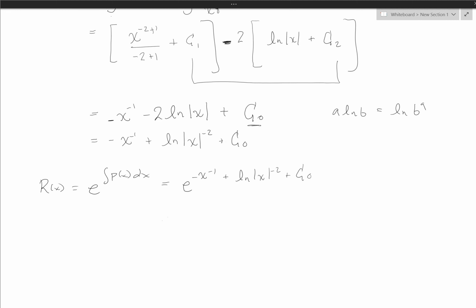So let's keep going. So it becomes e to the negative x to the negative 1. Okay, right?